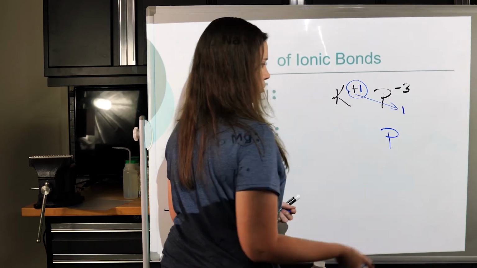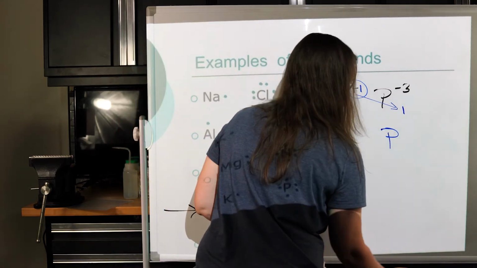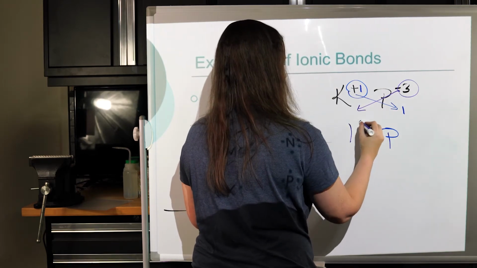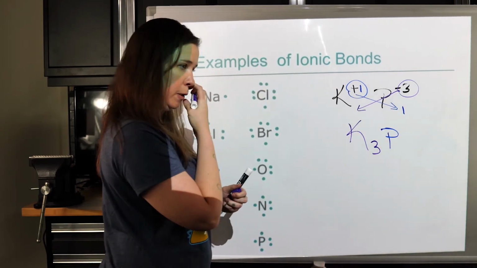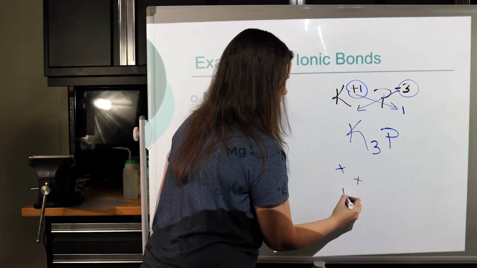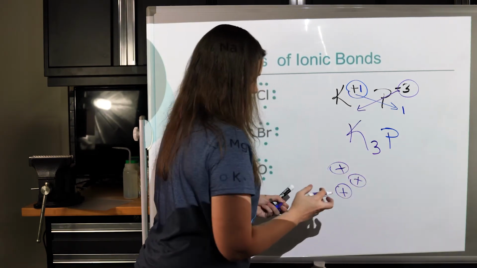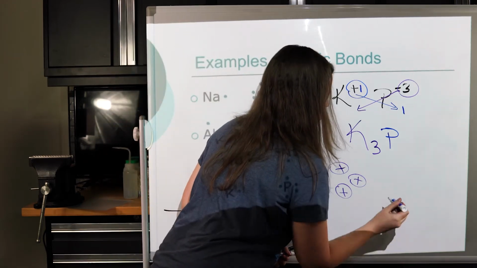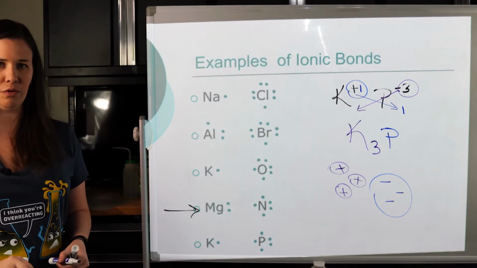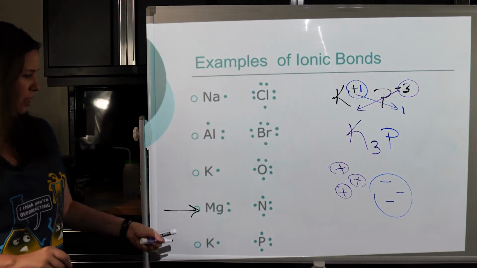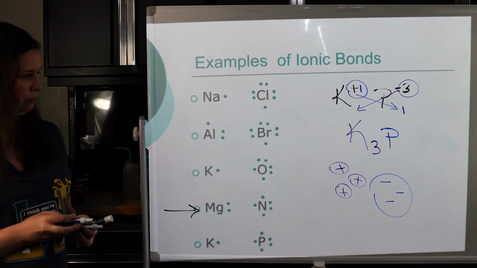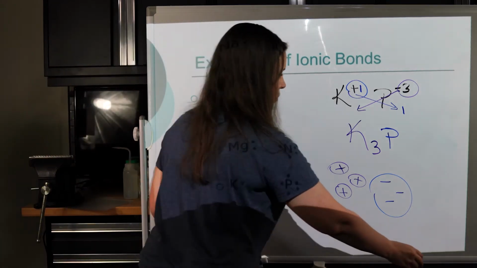So P with an understood 1. Whereas my 3 would then be the subscript for the K, so I would write K3. K coming as a set of 1 would have 3 separate positive charges, which would cancel out with the -3, or a set of 3 negative charges for the phosphorus. So the answer for the potassium and phosphorus mixture is K3P. Final answer.